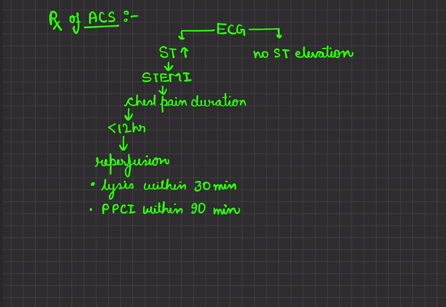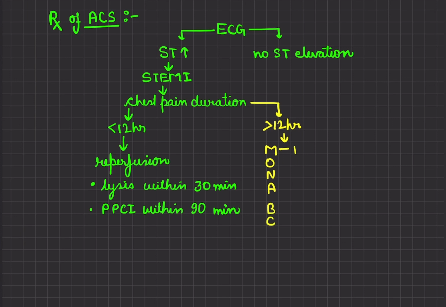If the chest pain duration is more than 12 hours, then give the drugs that are learned by a mnemonic MONA BC.